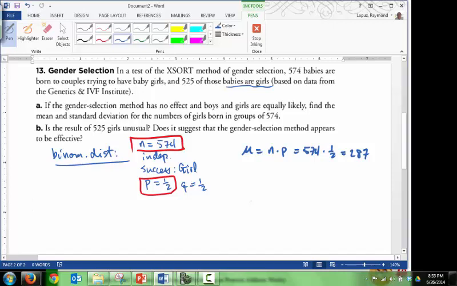What is our standard deviation? Remember, the standard deviation is the one with a square root. It's like finding the variance and taking the square root. The variance is N times P times Q, and then we take the square root of that. So that's 574 times 1/2 times 1/2, or 574 divided by 4.